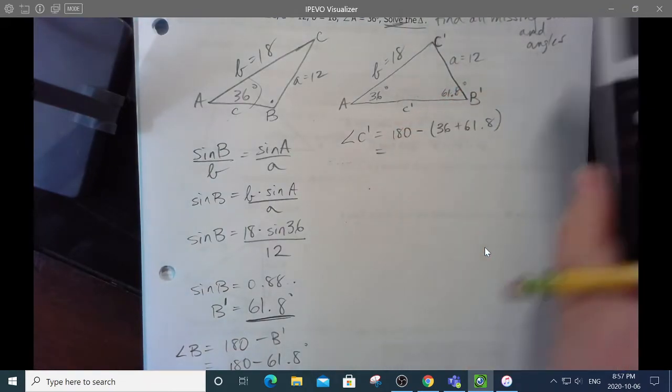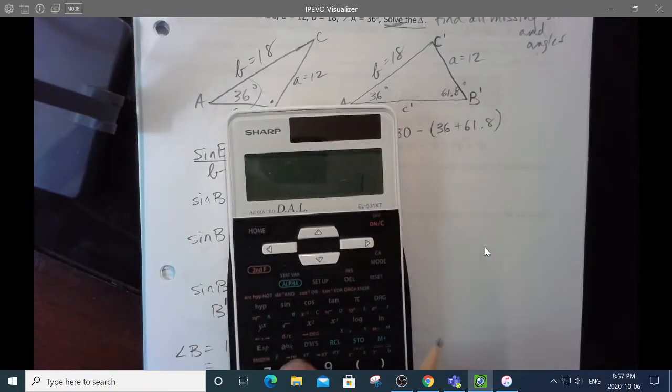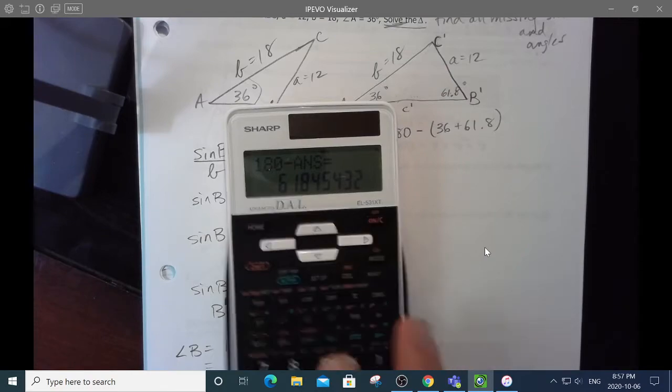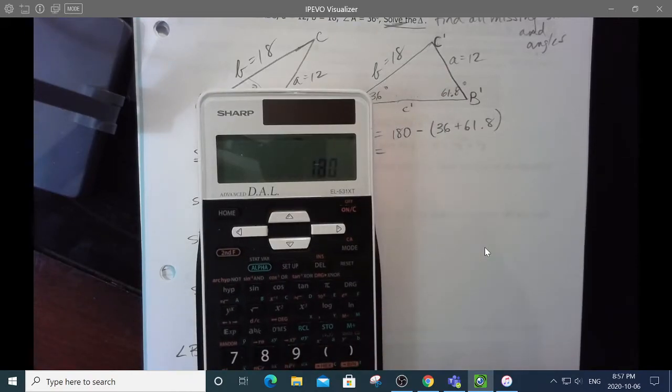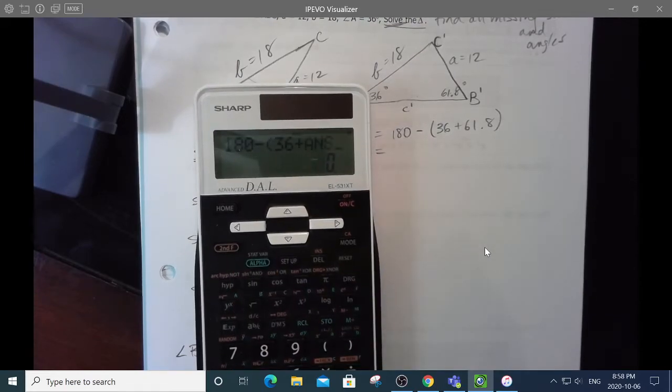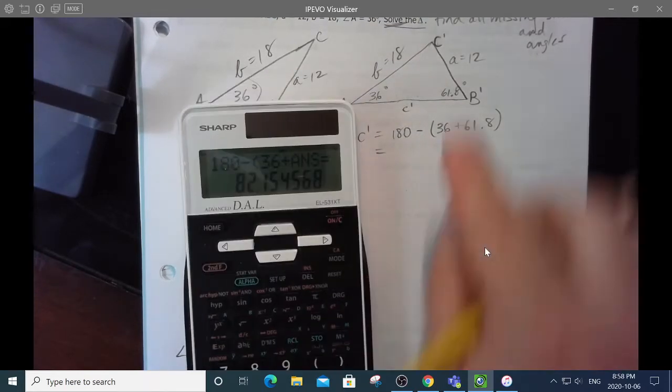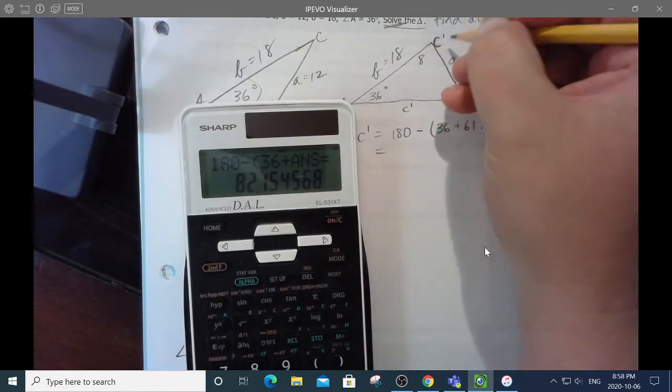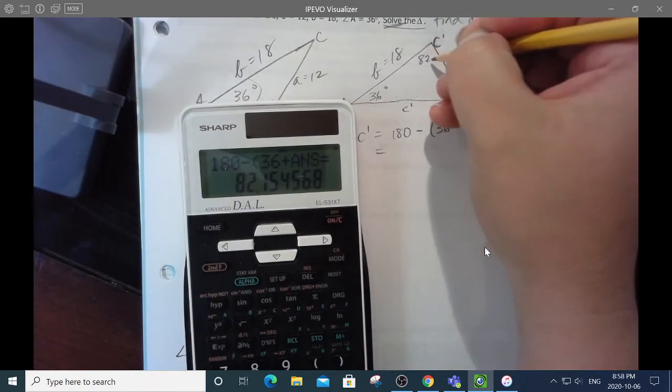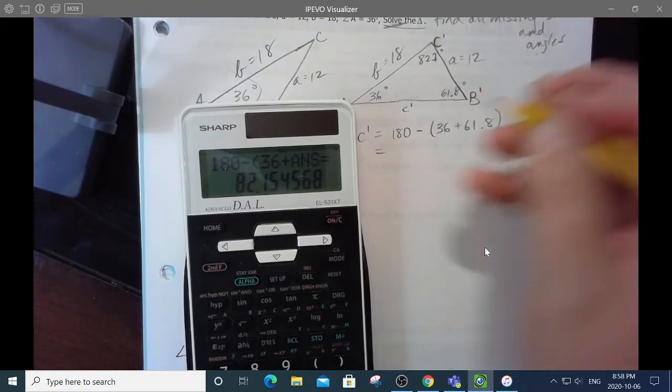And I don't like losing accuracy, so I'm going to go 180 minus open bracket, 36 plus that answer. And angle C in this diagram, C prime I called it, is 82.2 degrees.